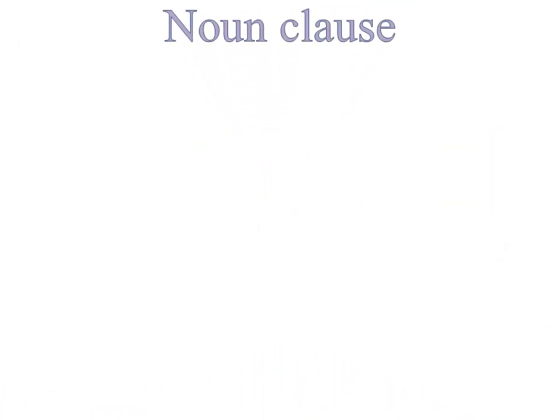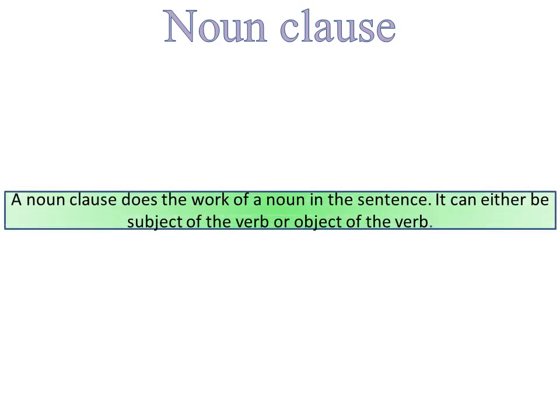Let's understand noun clause. Noun clauses are groups of words that will always function as a noun in a sentence. It can either take the form of a subject or the object in a sentence, and it will always answer the question what. Let's look at the first example. I fear that I shall fail. Here you can see that is the subordinate conjunction.